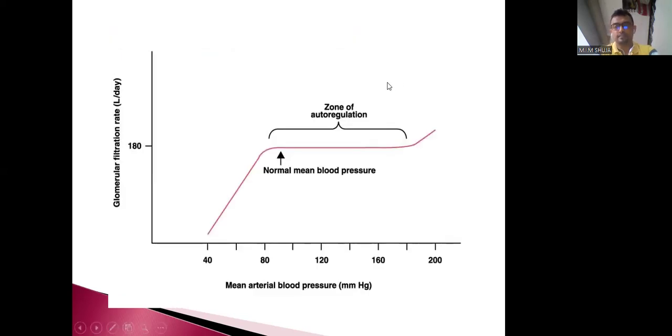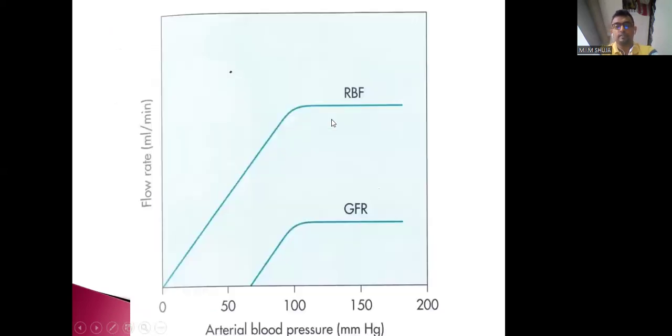As we saw for the cerebral blood flow, there is a zone of autoregulation, and you know what is the normal mean blood pressure for that autoregulation. So when there is a constant renal blood flow during the autoregulation period, your GFR is also constant.